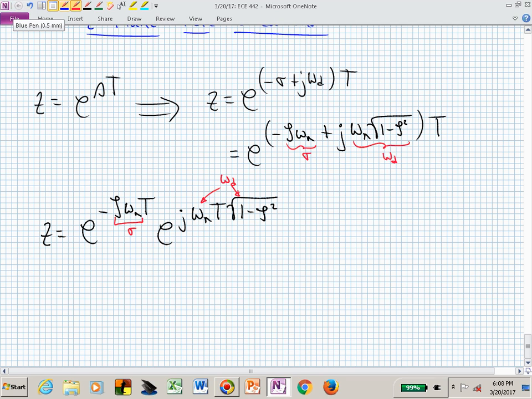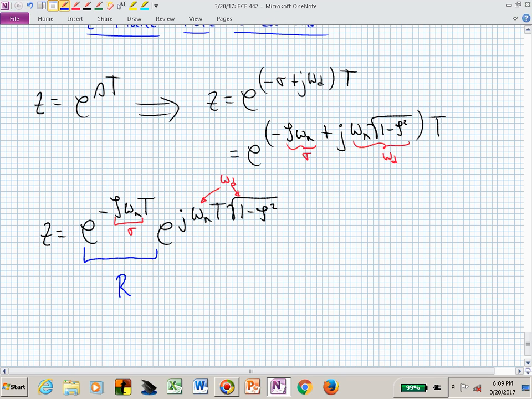What I want you to start to see is what's happening with this parameterized form of z. E to the minus sigma t is really just the radius away from the origin in the z-plane. And what's this e to the j some number? That's like e to the j at an angle, e to the j theta sub d.